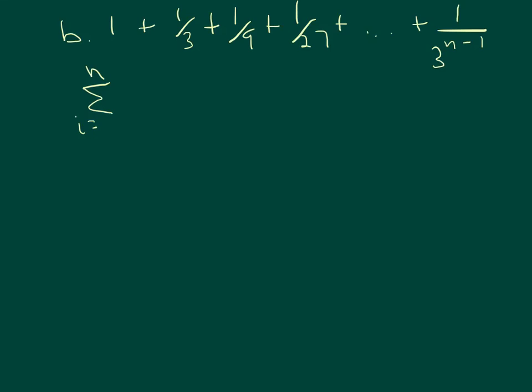And what's changing each time is not the one on top of each fraction. It is this number right here. And I'll tell you another thing about the nth term. If they give you the nth term, it is a dead giveaway for what our summation is going to look like.